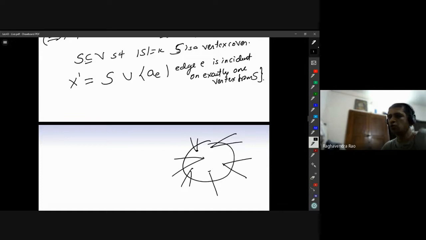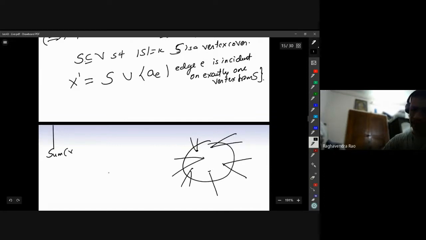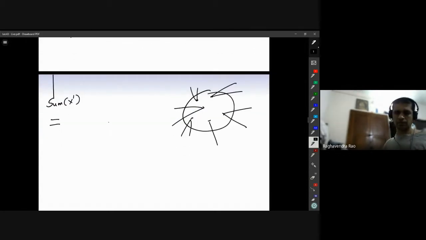Now this should sum to the value T. So what is the sum of X prime? Let's just write down the sum.